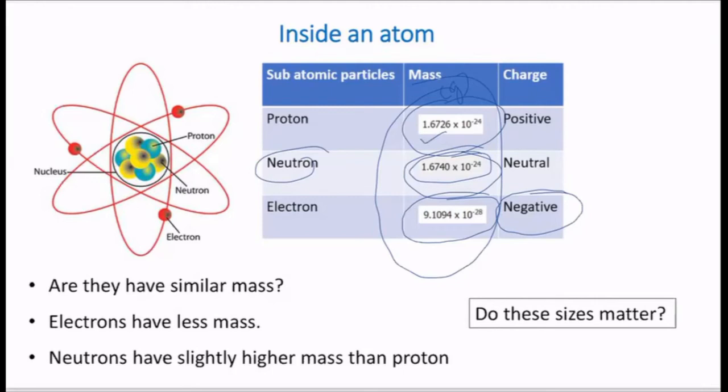Electron is a very, very tiny subatomic particle compared to proton and neutron, and neutron is slightly bigger than proton. When you learn about the structure of atom in your first chapter, this information will be useful for you.